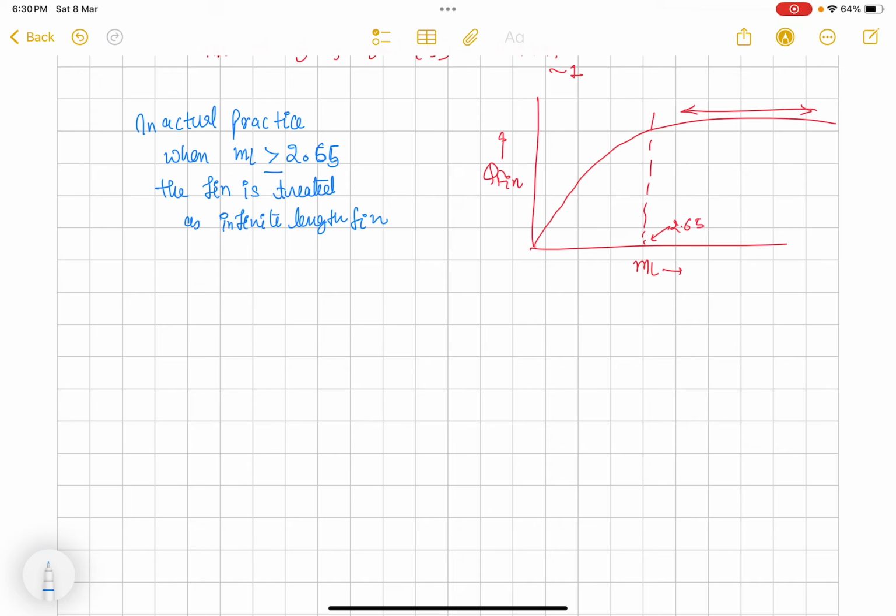Okay, so the error is less than 1% by considering the fin as infinite or finite, right?